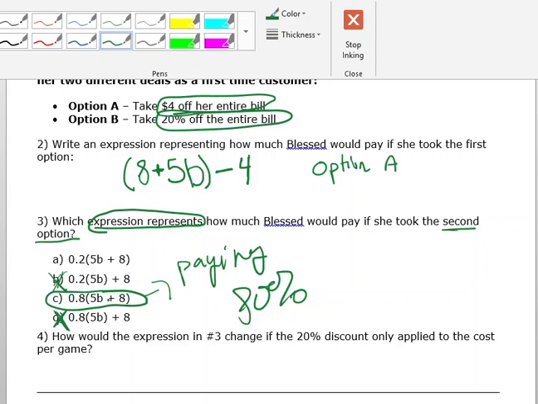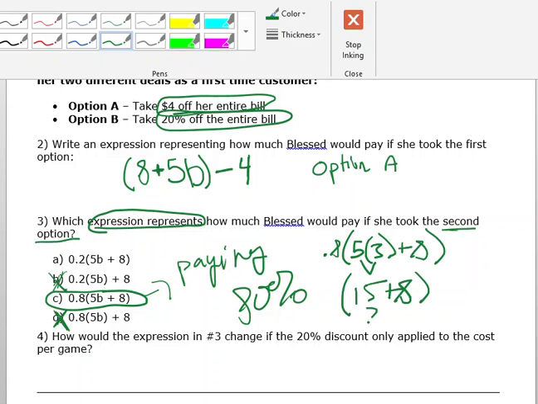So if she bowled games, it's $5 per game plus her $8 shoe rental times 0.8. And if I wanted to figure that out as an example, I would go 0.8 times, let's say she did 3 games plus 8. Okay, so 5 times 3 is 15 plus 8.